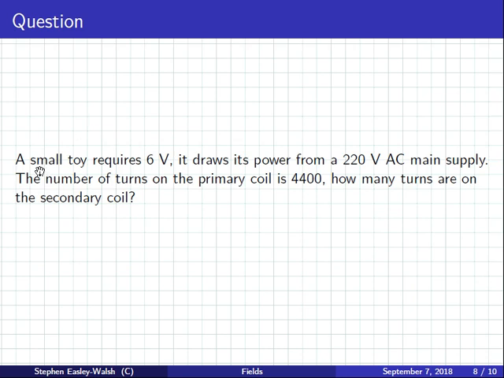Right. Here is an example. You have a small toy. It needs 6 volts. It draws its power from 220 volts. Do you know what main supply is? This is called main supply.